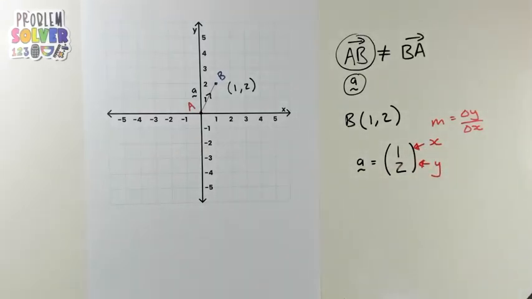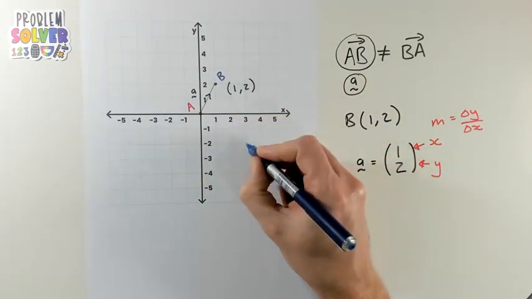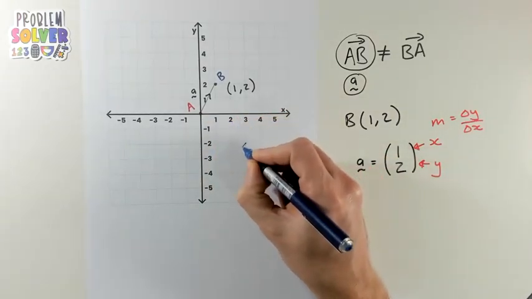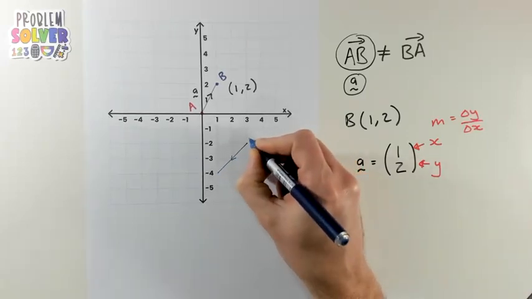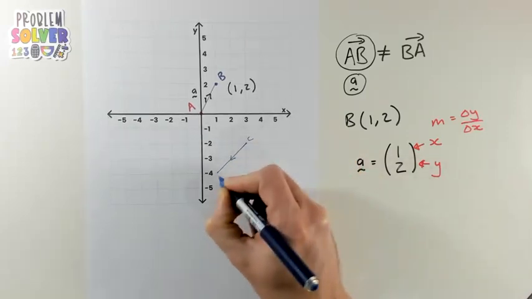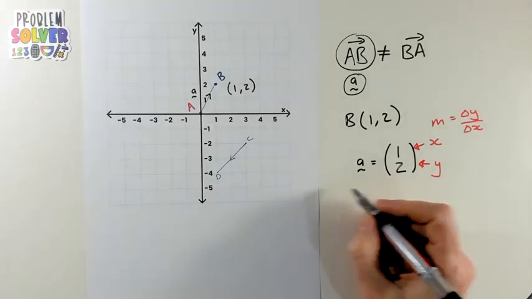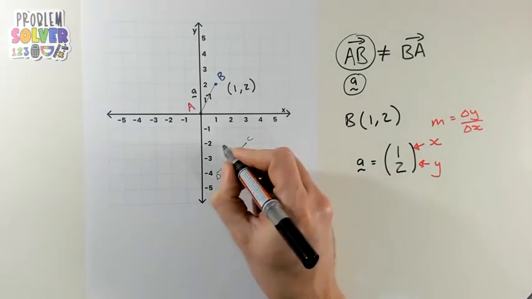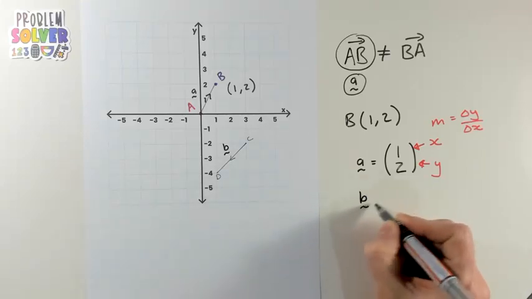Let's say I went in a different direction, starting at this point and going in that direction, and this is my vector. Let's say this is called C, and that is D, and I'll give it the name b.